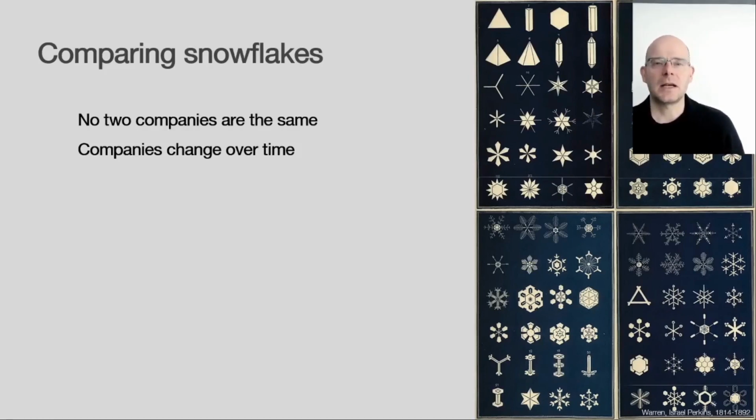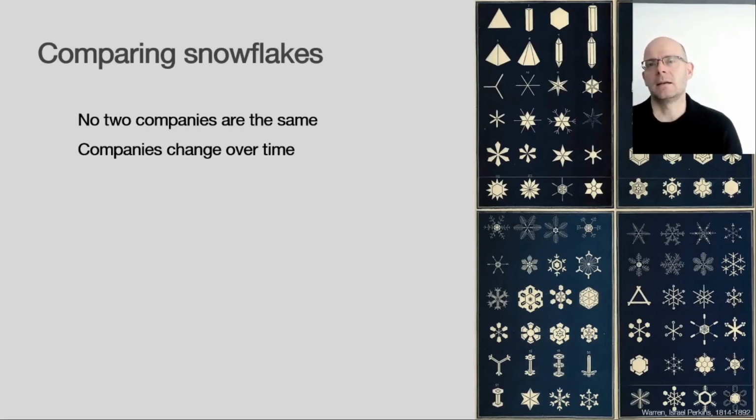So you can't really take two companies and say, okay, they're the same, but one is abnormal. Also because of the other factor that companies change all the time. They change address, they have changes in management.